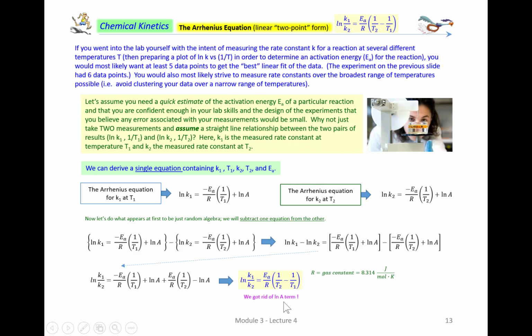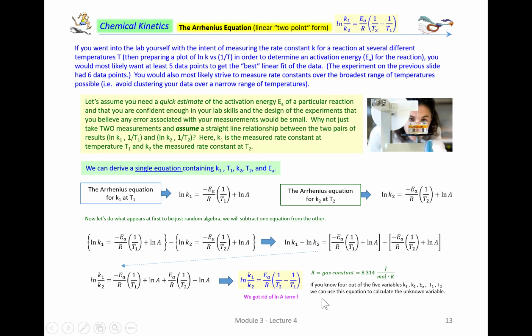So if you know 4 out of these 5 variables, you can calculate the unknown variable. So we have 5 variables: 2 rate constants, 2 temperatures, and an activation energy. If you know 4 out of the 5, you could get the other term.